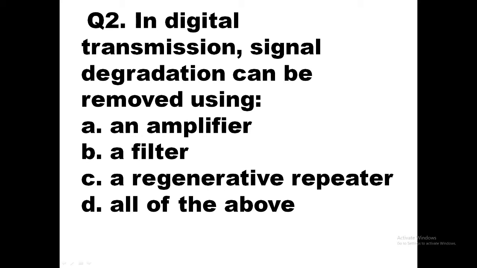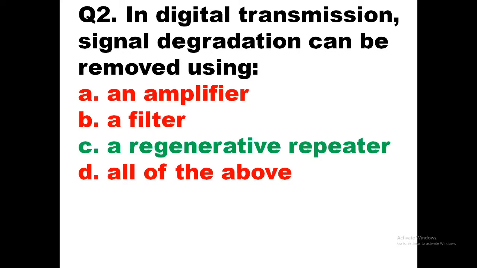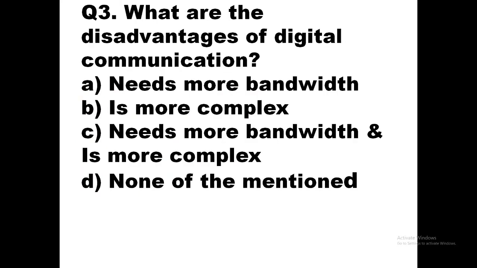That means there is a device called a regenerative repeater, which is option C, which is used when the digital signal is degraded. So here the answer will be option C, a regenerative repeater. Then we'll go to question number 3. What are the disadvantages of digital communication?